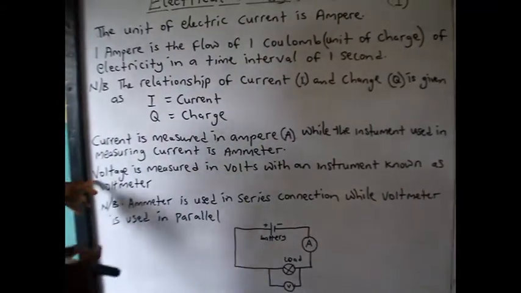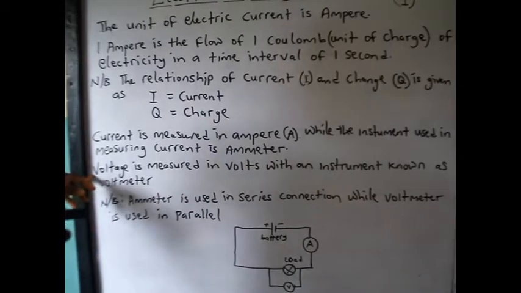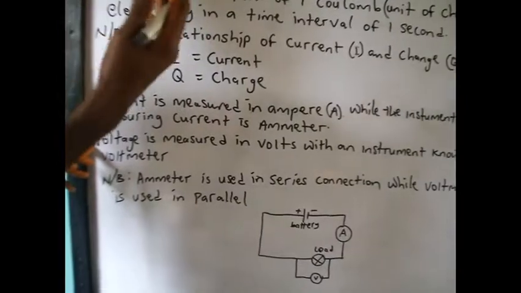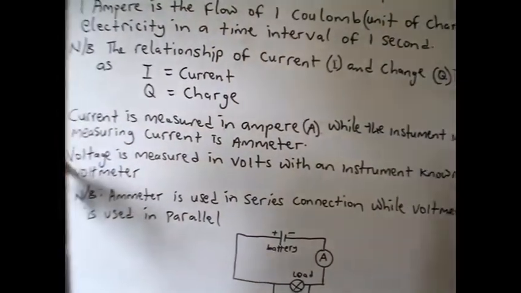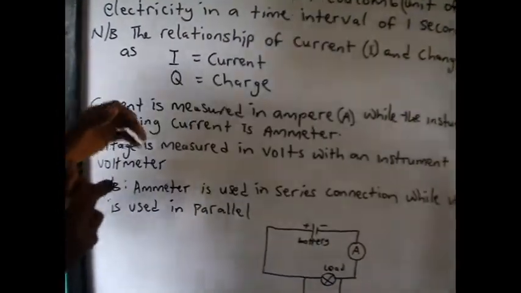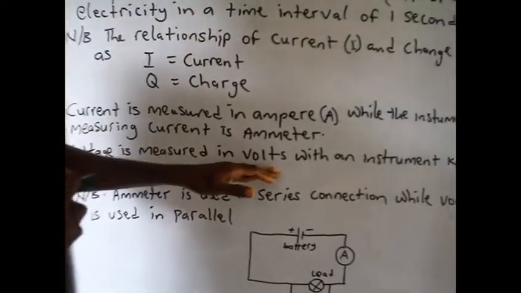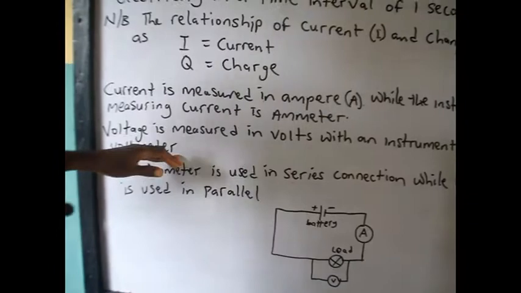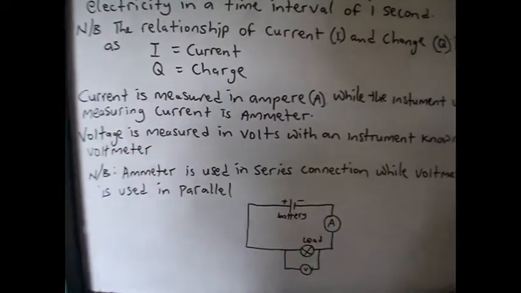We have another terminology known as voltage. Sometimes you might have heard your parents say the voltage is high or the voltage is low. So this voltage is measured in volts with an instrument known as voltmeter. I've given you 2 instruments now.